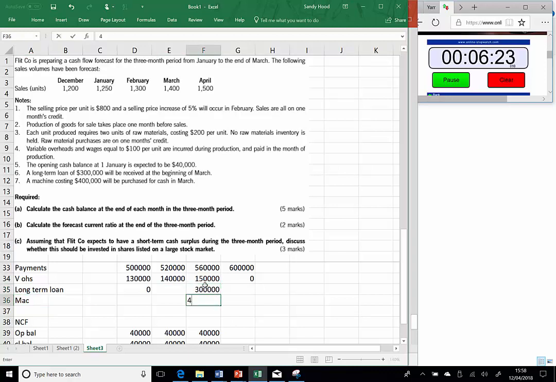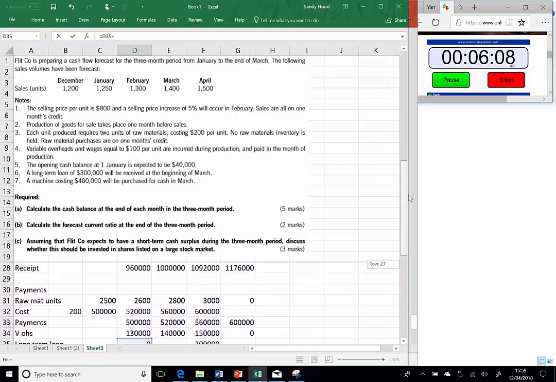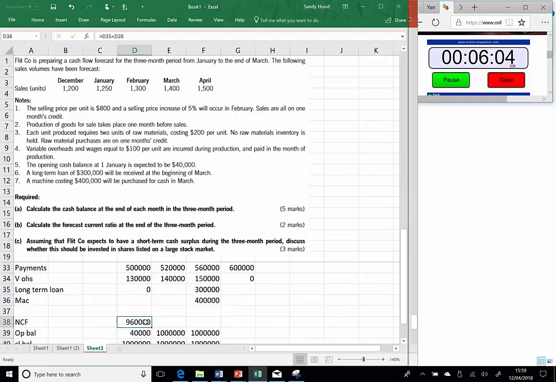So if I now look at my net cash flow, I want the pluses, which is the long-term loan plus the receipt, drag that across.